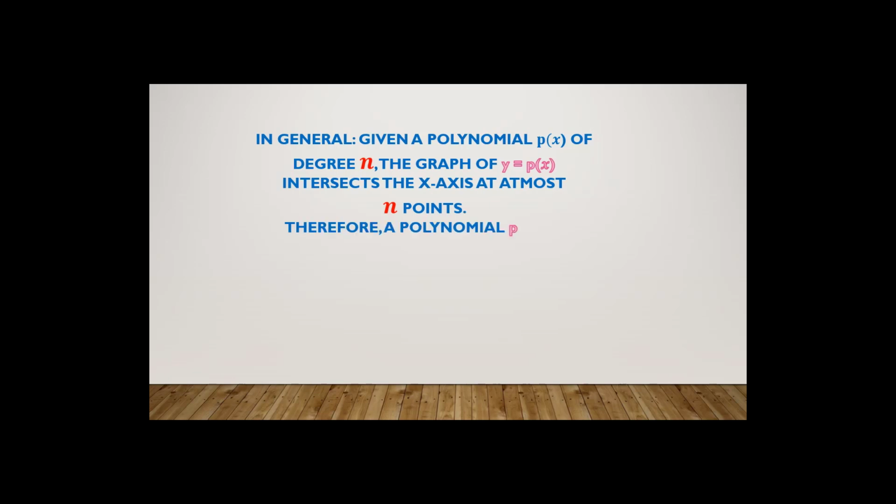Therefore, a polynomial p of x of degree n has at most n zeros. It means it will have at most, meaning the maximum of, n zeros, or it can have less than n zeros. This is the generalized term.